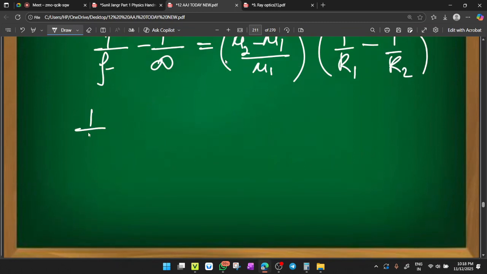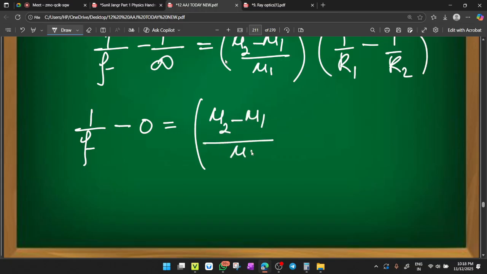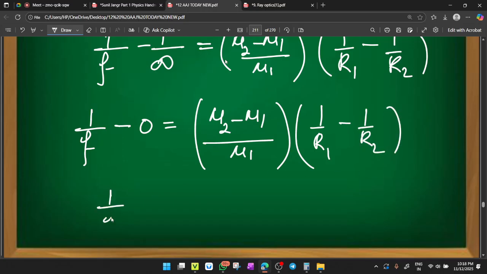Now put v equals f, and in the place of u, infinity. 1 upon infinity becomes 0. So 1 upon f equals mu 2 minus mu 1 upon mu 1, 1 upon r1 minus 1 upon r2. Clear or not?